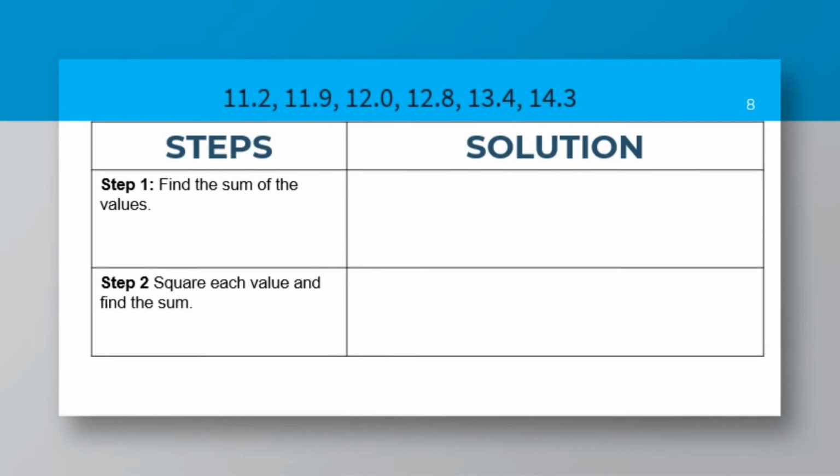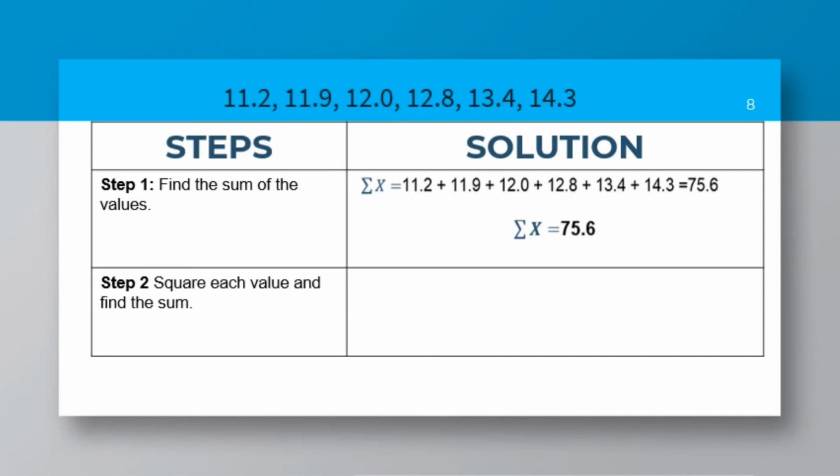These are the steps and solution of this example. Step 1. Find the sum of the values, which is 11.2 plus 11.9 plus 12.0 plus 12.8 plus 13.4 plus 14.3, equal to 75.6.